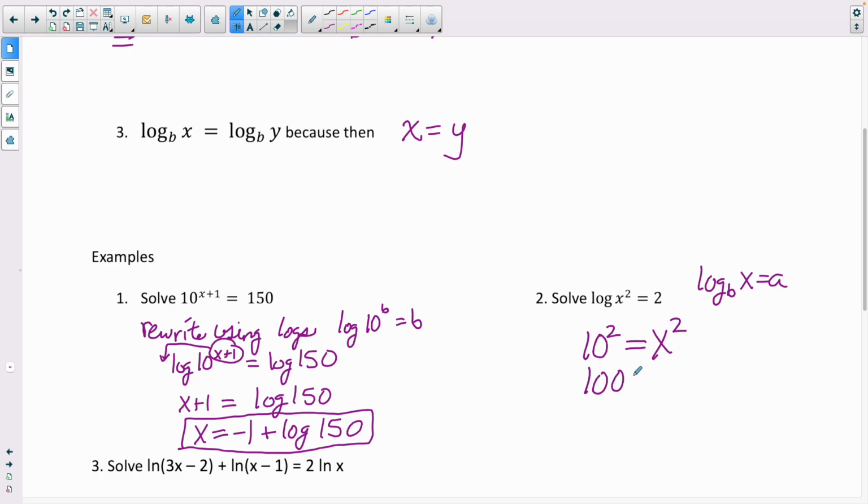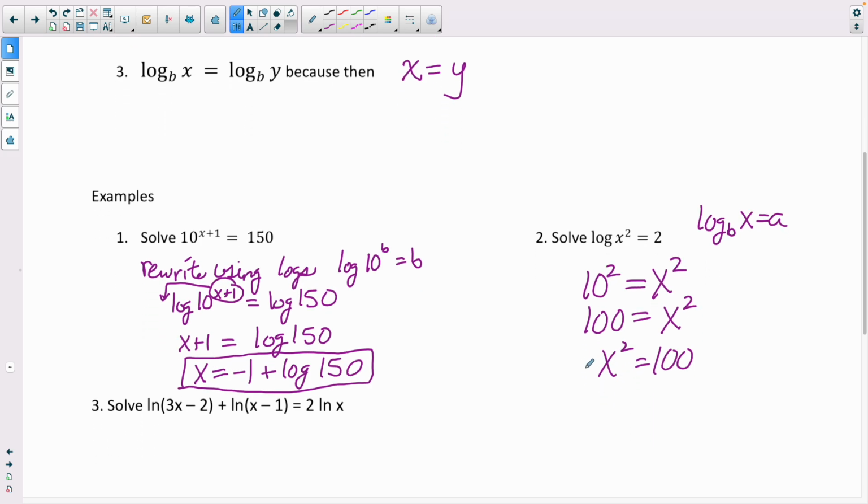So 100 equals x squared. And if I solve by taking the square root of both sides, you get x equals plus or minus 10. And so if we plug in 10 here, you get log of 100. That's going to be 2. If you plug in negative 10, you get negative 10 squared, which is also 100. And so we get the same results.